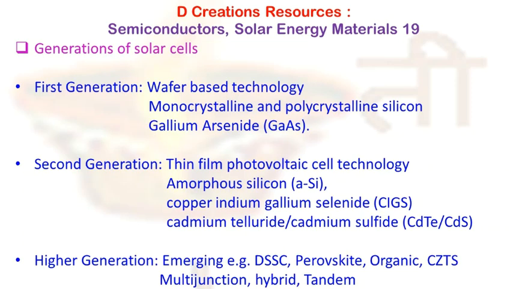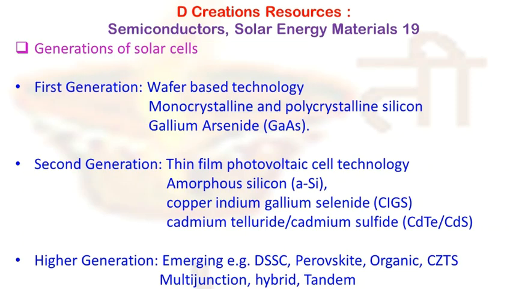Now the further generations, the higher generations, are more of emerging technologies. So they are still majorly in the research process. They contain dye-sensitized solar cells, known as DSSCs, quantum dot solar cells, organic solar cells. So there's this whole branch of organic photovoltaics.